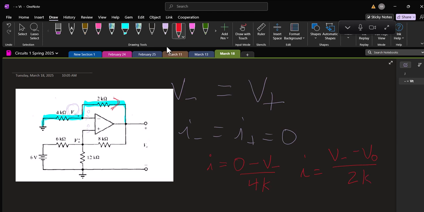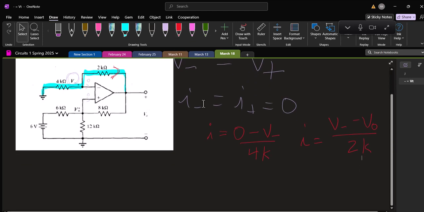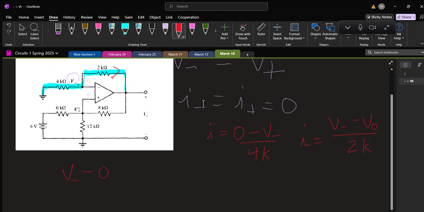That's the same thing that I would get if I did a nodal analysis equation starting at V minus. So starting at V minus, I'd get V minus minus 0 over 4K plus V minus minus V out over 2K equals 0. And those two things are identical.